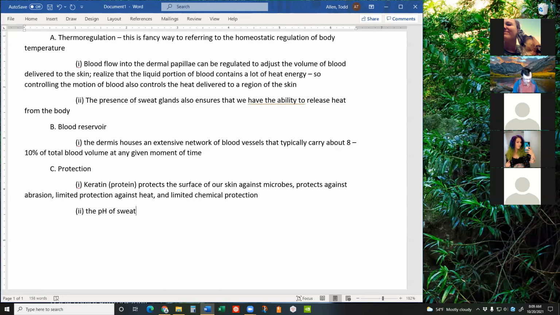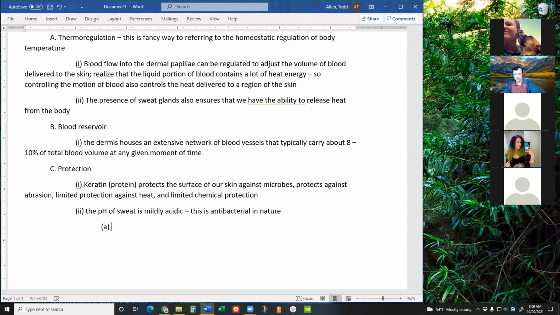The pH of sweat is mildly acidic, and the mild acidity of the sweat is actually antibacterial. So what we're saying is that the acidity of your sweat protects you against various species of bacteria that might cause you harm.